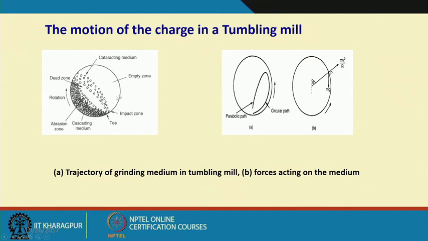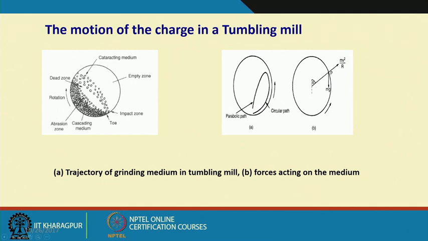Now, if I look at the schematic, that is the zone where you have maximum impact, which is called the toe. This is the cascading medium, that is, when it is traveling up, the entire charge going up, and this is the abrasion zone, because of the slow rotation, and when the gravitational force starts becoming very dominant, they try to fall back here.